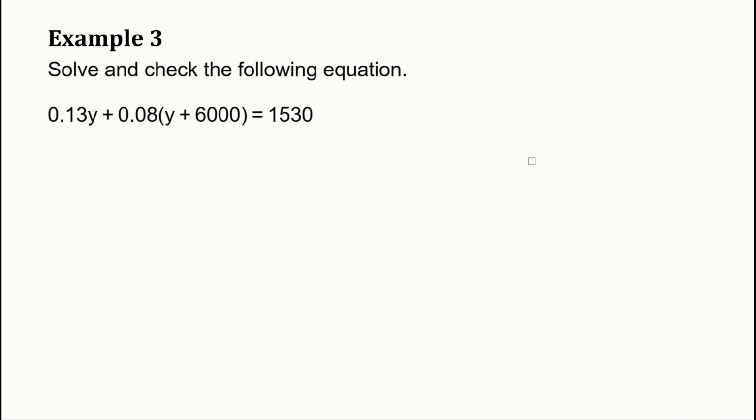All right, so here we have another equation we're going to solve. This time we're dealing with decimals, right? And we're going to do a similar thing to what we did with fractions by clearing the decimals first. So what we do here is we notice how many digits we have after the decimal place.